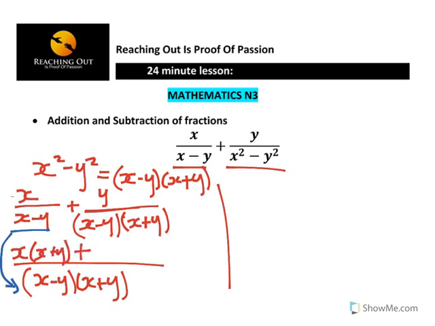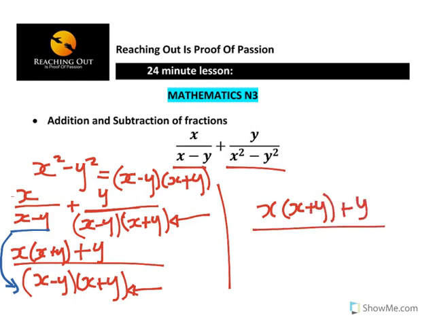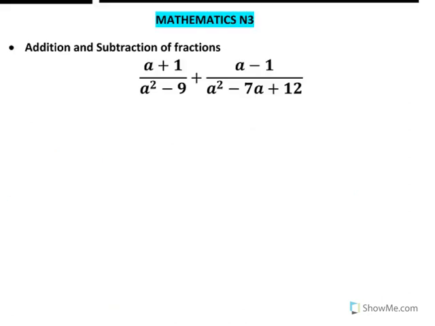Plus, for the second fraction, the denominator x minus y, x plus y into itself will give you a 1, so it will be plus y. So your final answer will become x plus y over x minus y and x plus y. This will become the final solution.